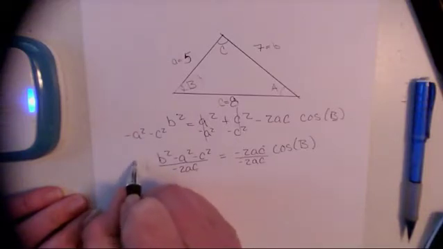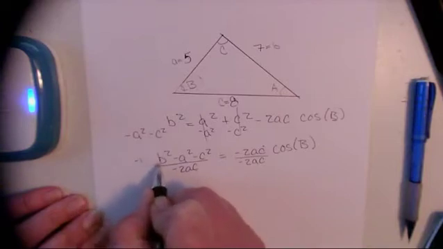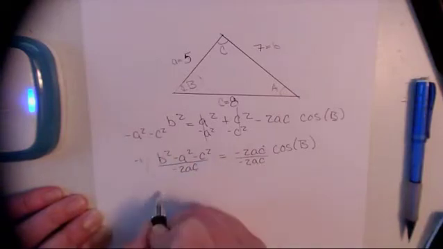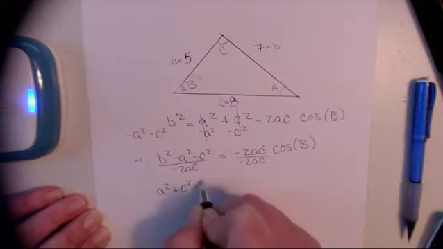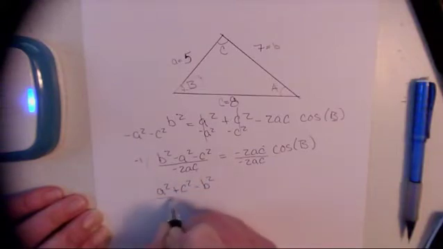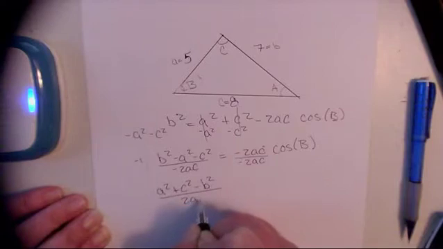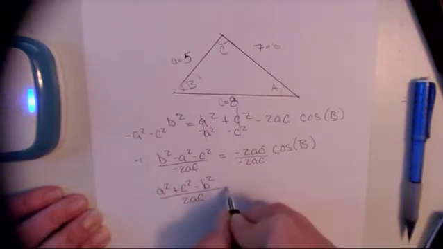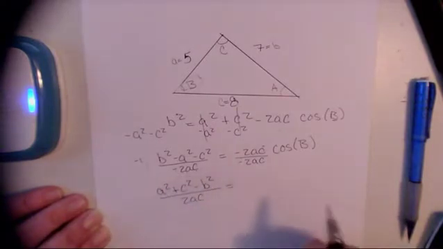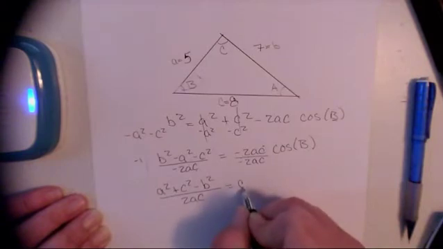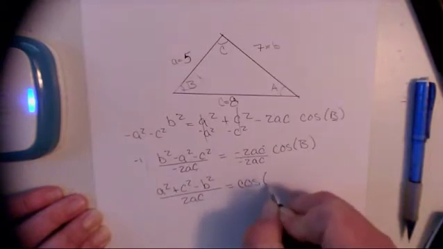By distributing it, it's the same as going negative 1 times all of these pieces. So I end up with a squared plus c squared minus b squared divided by 2ac. If you don't want to do that step and you just want to key in your negative, feel free to do that. So now we need to get rid of that angle.